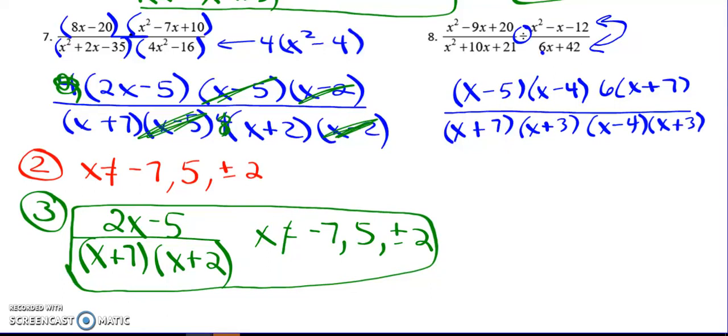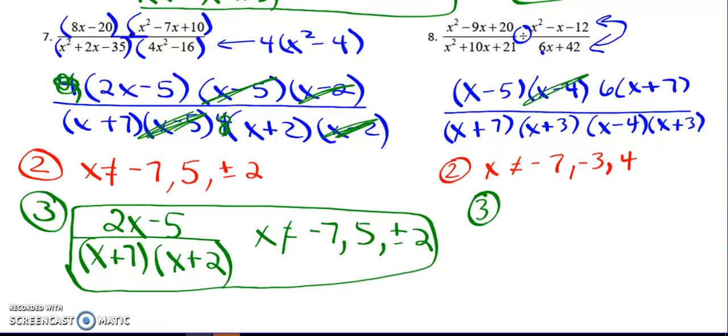Step 2, restrict. x cannot equal negative 7, negative 3, and 4. We don't list the negative 3 a second time. Yes, negative 3 is a restriction twice. It's okay, just happened to be that way. All right, step 3, cancel.